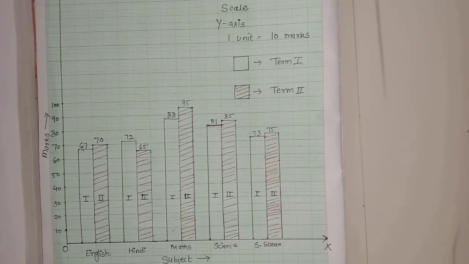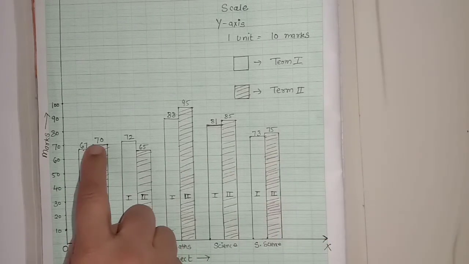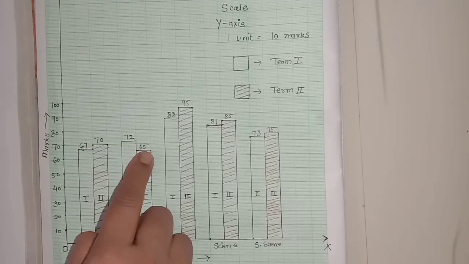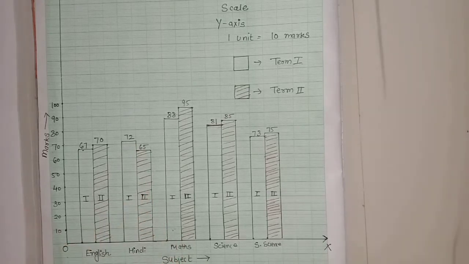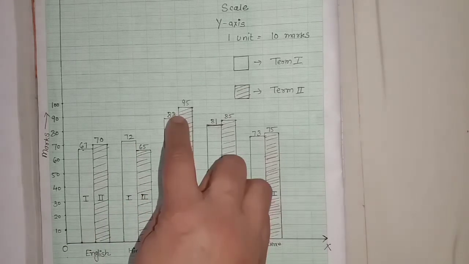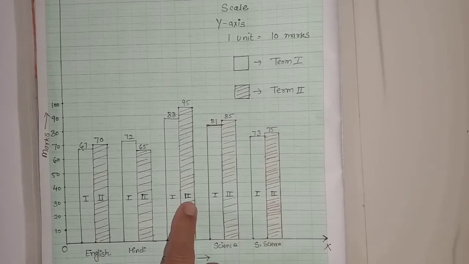Okay, as you can see here, student, with this graph you can easily see the difference between term 1 and term 2 marks. Here it is 3, and here the term 2 marks are going down. But in mathematics the difference between the term 1 and term 2 marks is the highest. In term 1 he is getting 88 marks, in term 2 he is getting 95 marks.